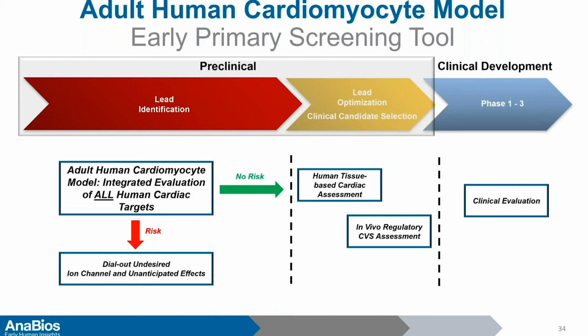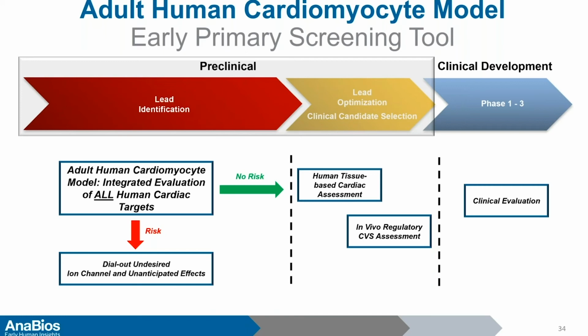We are proposing first that you test all of your drugs on the human primary cardiomyocyte model. If the data indicate that your compound is not associated with a risk, the compound can be moved to the next R&D stage.